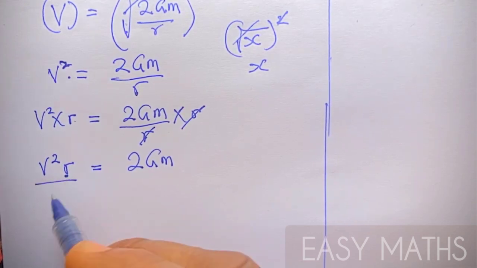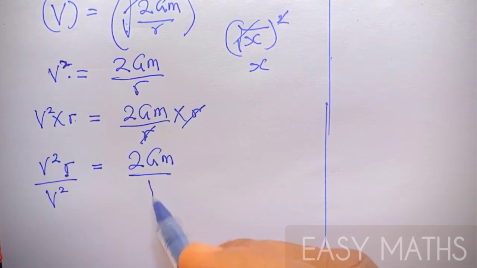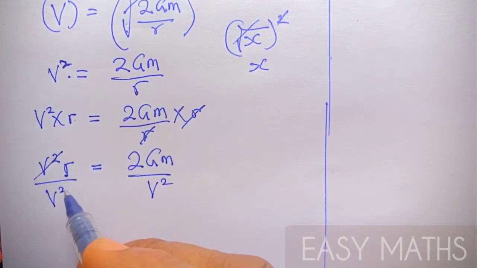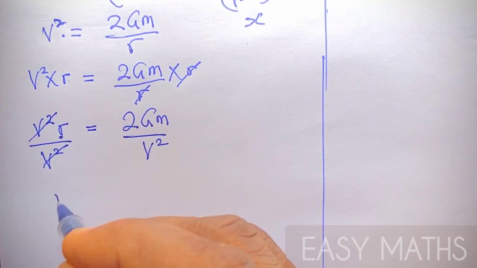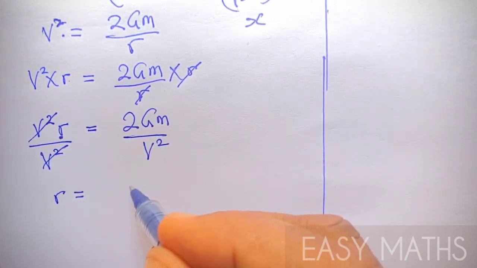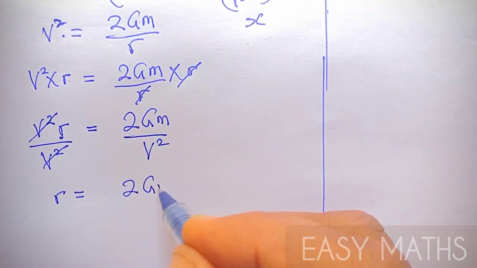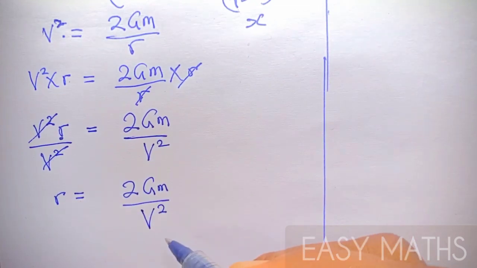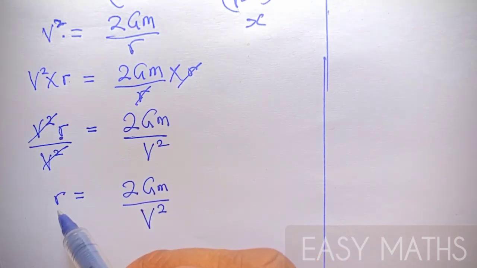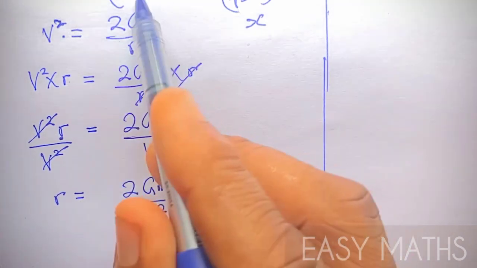So we divide both sides by v squared. So v squared cancels v squared. We are going to have r equals 2gm over v squared. So we have been able to make r the subject of this formula.